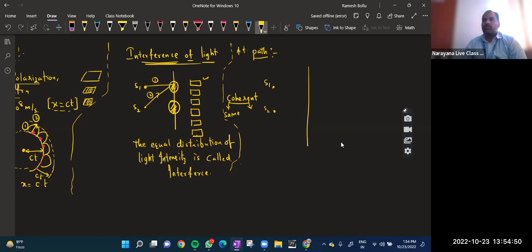It means from the same source. If this is yellow, this is also yellow color. If this is red, this is also red. This has how much frequency? This is also the same frequency. Now tell me, what is the meaning of coherent sources? The two light sources which have the same frequency.